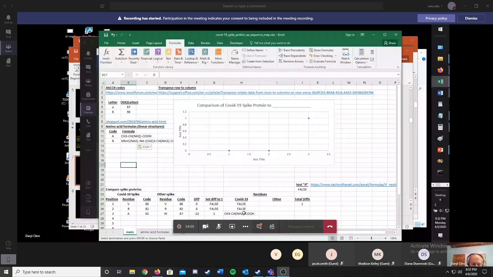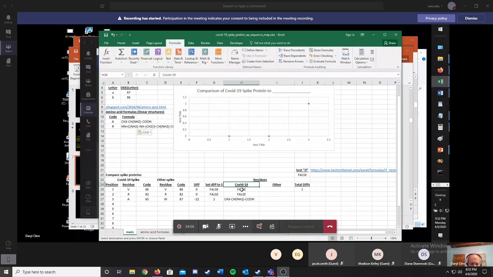And in this column here where it says COVID-19, it has an if statement, and this is a little more complicated.